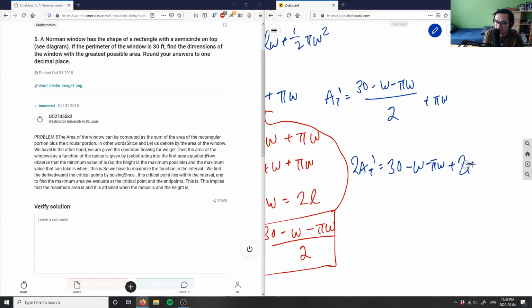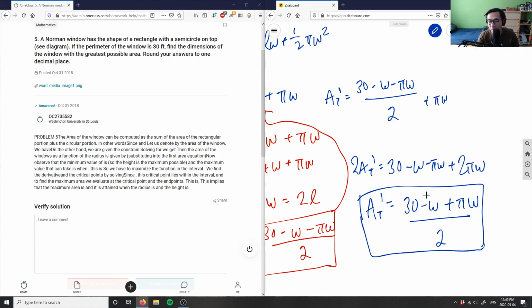Then I can simplify: minus pi w plus 2 pi w. You can think of this as an imaginary 1, so this would simply be positive pi w, right? And then all over 2, if I want to move the A prime back to this side.